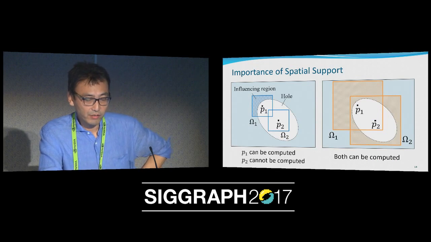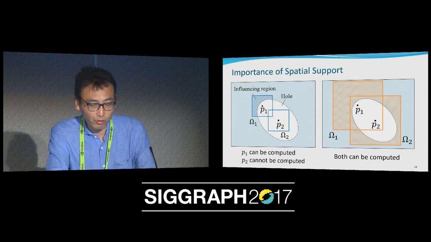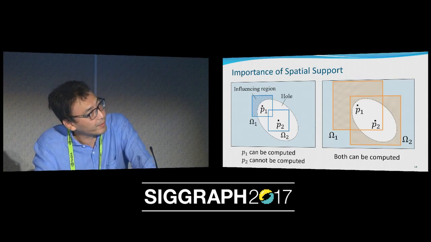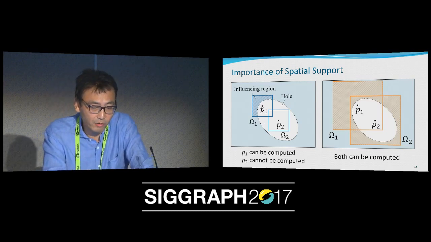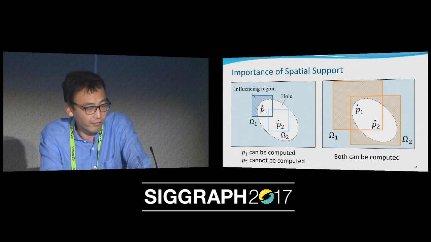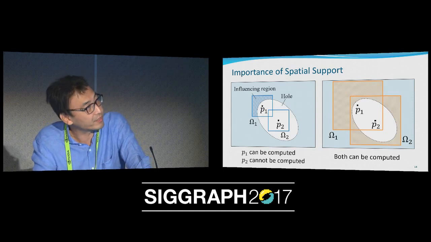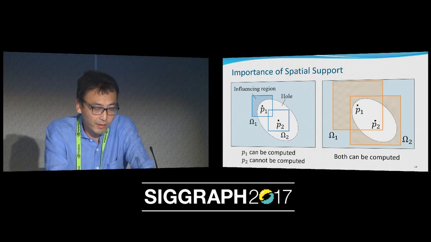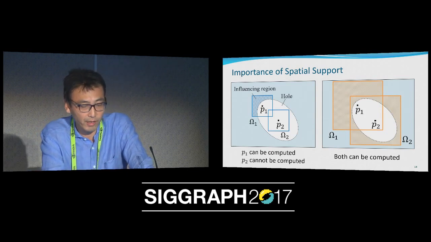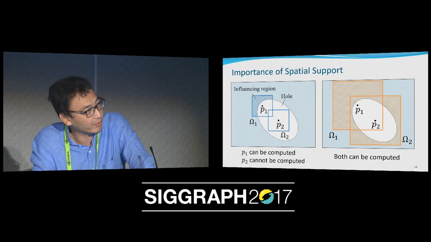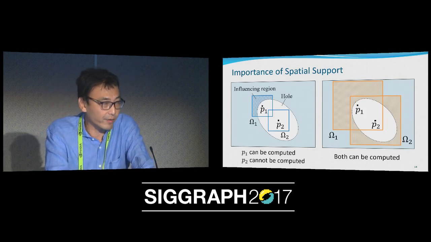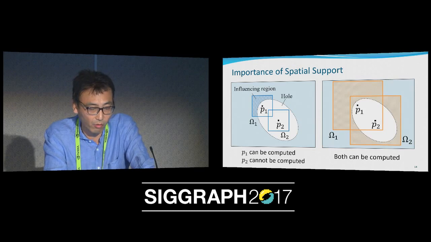This is an illustration of the spatial support of the completion network. On the left, the pixel P1 is computed from the influencing region in the spatial support omega 1. On the other hand, the pixel P2 cannot be computed since the supporting area, omega 2, does not contain any information outside of the hole.